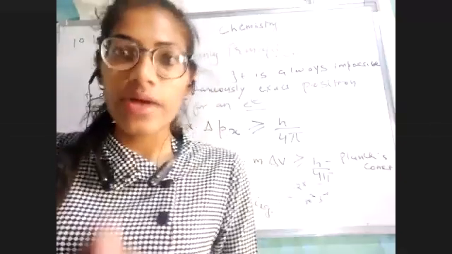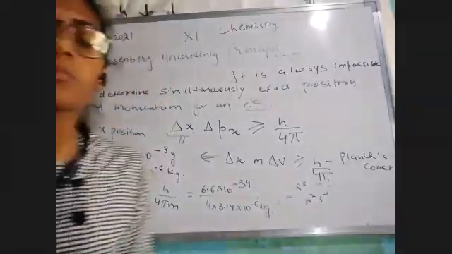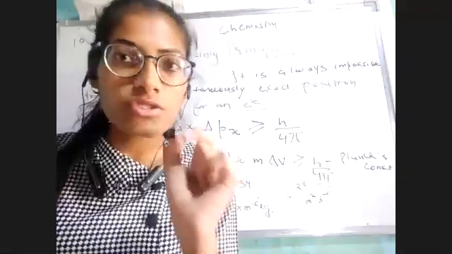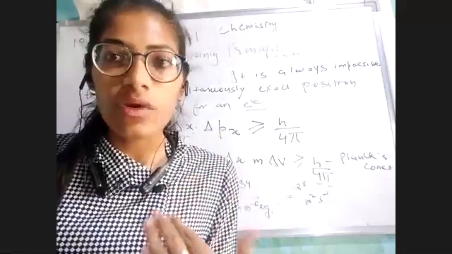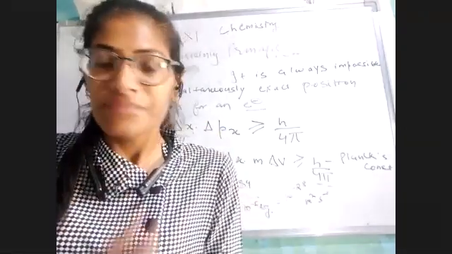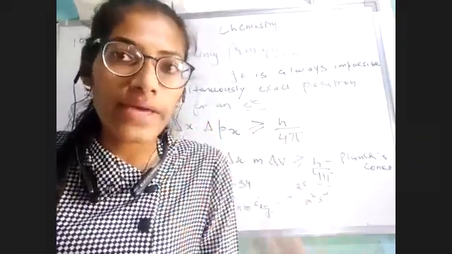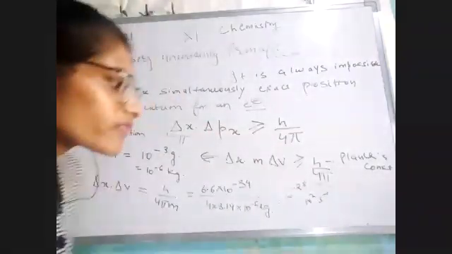So even when we are having a value at milligram level, the value of uncertainty comes around 10 raised to power minus 28, which is so small that it is for us totally insignificant. It is totally unbeneficial for us. It's of no use because it's so small that we cannot have further observation with this numerical.